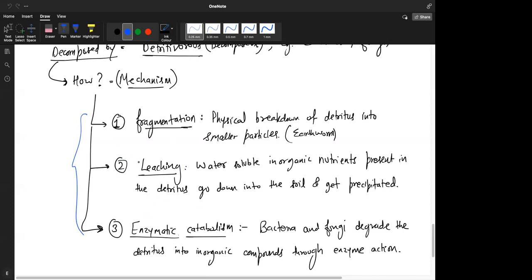And then when it is removing it from its gut, whatever is water soluble is getting leached into the soil at the same time. Is it clear, everyone? How is it happening simultaneously? Right?